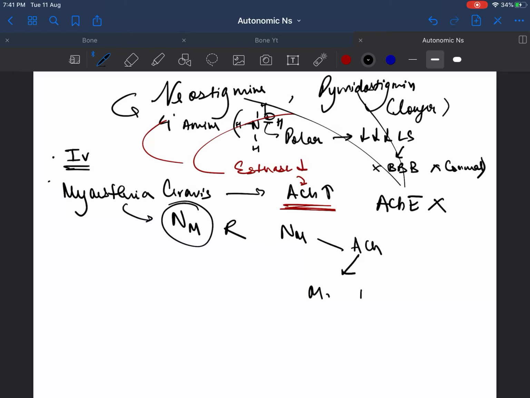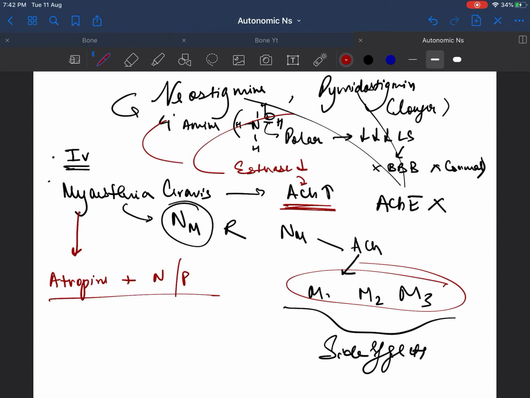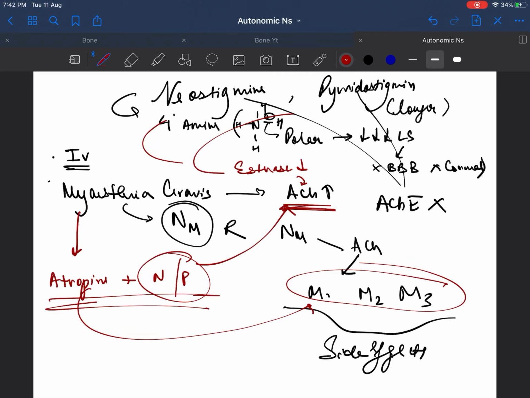Also, it will act on the M1, M2, M3 also, and this will lead to side effects. So we have to use a drug which actually blocks M1, M2, M3, etc. all the receptors also. So for myasthenia gravis, you have to use what? Atropine in combination with either neostigmine or pyridostigmine to block what? The side effects. And neostigmine, pyridostigmine, what? To increase the ACH.